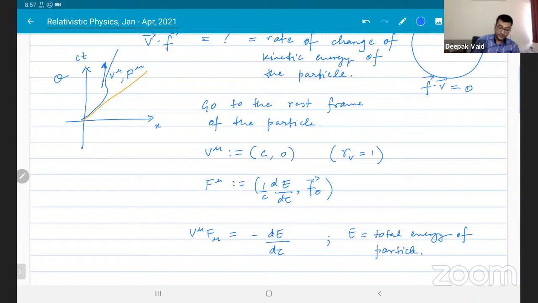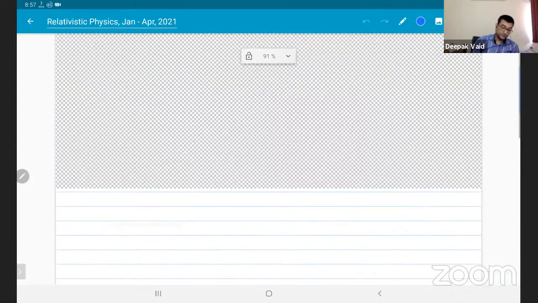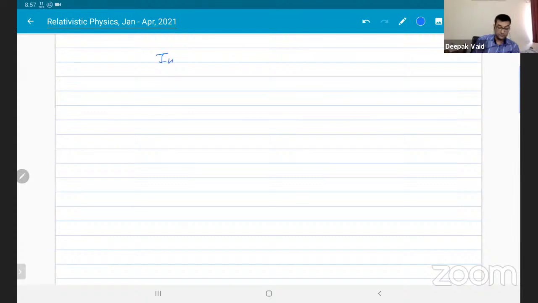Now in the rest frame, what is the total energy of the particle? Tushar? E is equal to what?